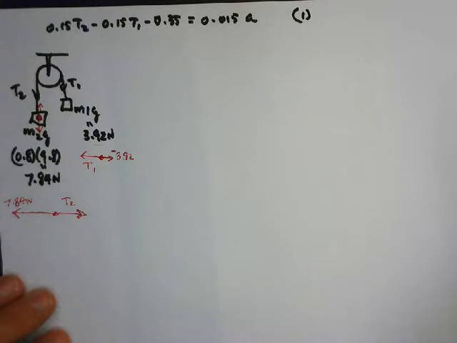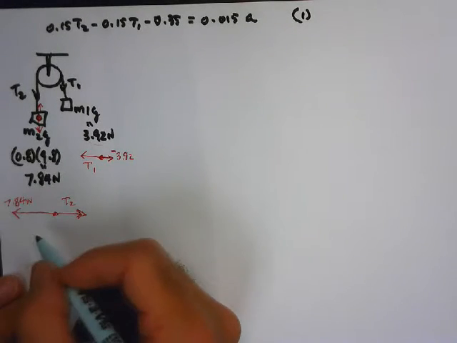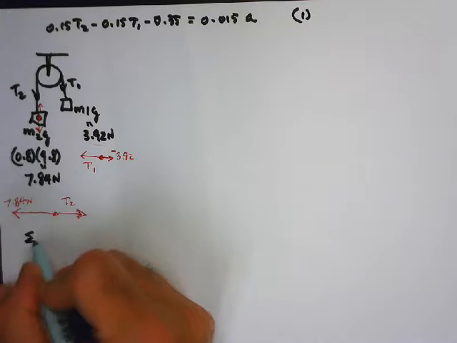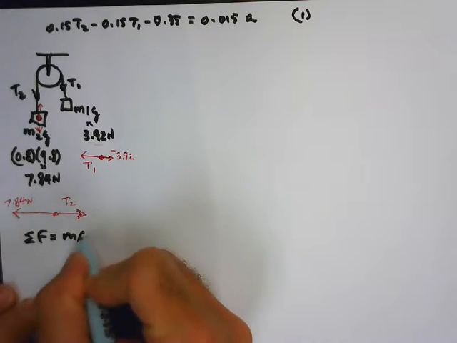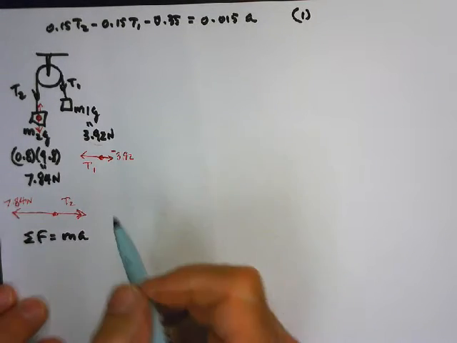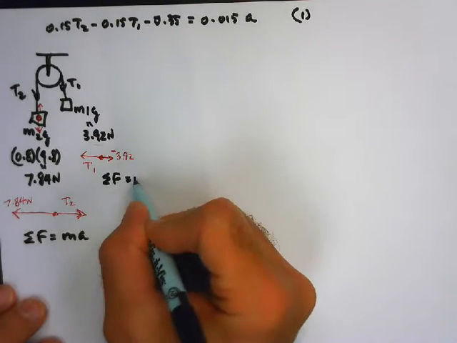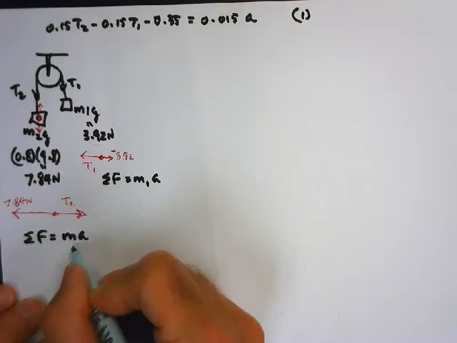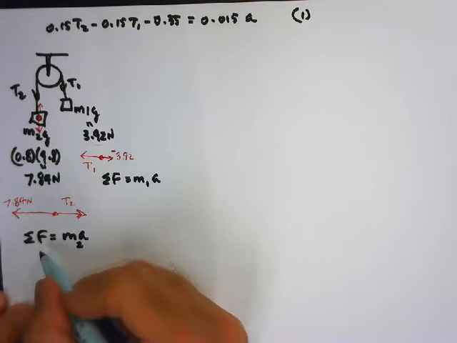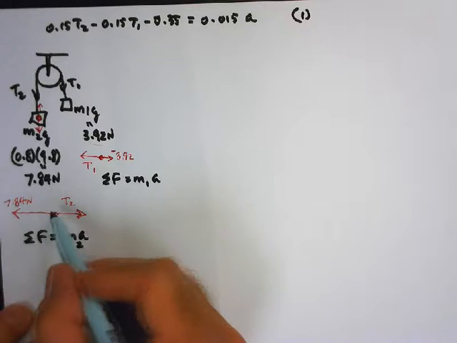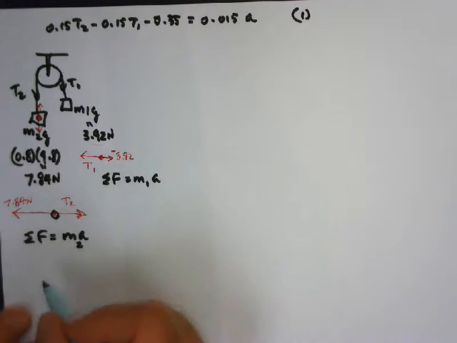Alright, so if we think about our Newton's second law, the sum of the forces equals ma, we can apply that to both of these situations here. This would be m2a. Alright, so let's take a look at this point object right here.